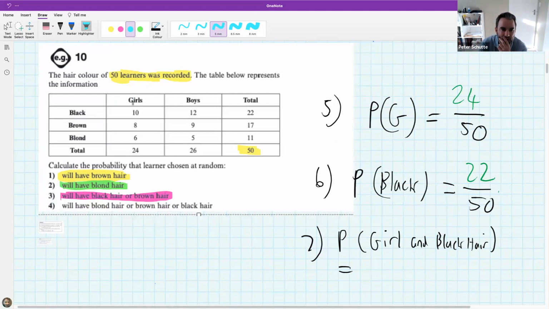So girl, black hair. So there's the magic number there, and that is going to be 10 out of 50.